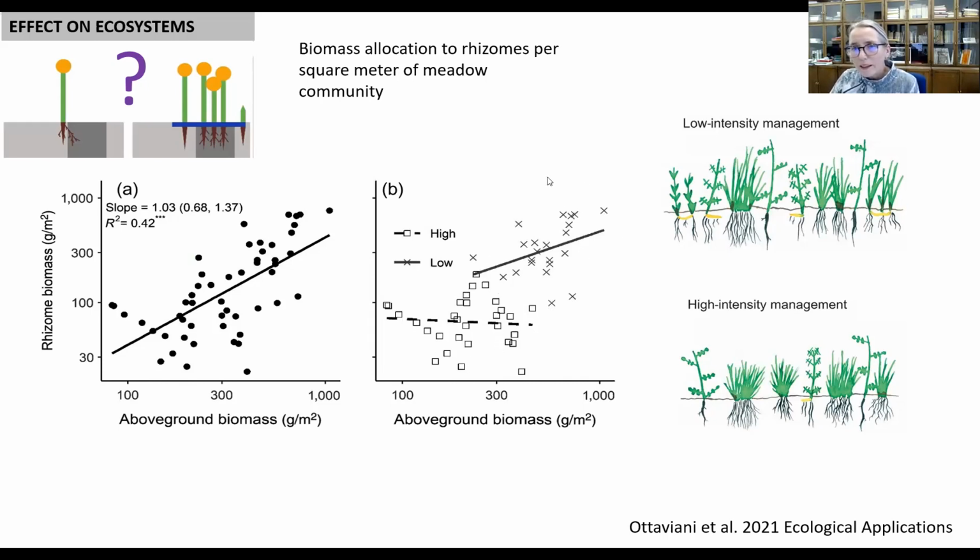So this less intensively used grassland really has a large amount of rhizome biomass, but the more intensively used grassland has a lower amount of rhizome biomass. So this effect of aridity may be multiplied by management of the grassland as well.